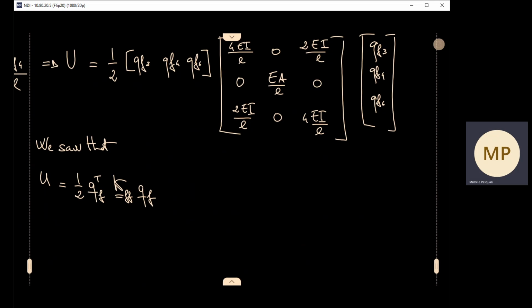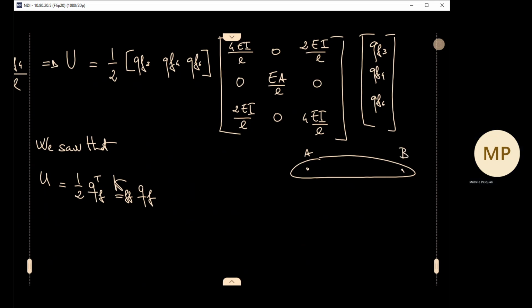So when you are going to extract your U, the one associated to QF4 is associated to this term of the stiffness. But what is it, QF4? Do you remember? So if this is your A and B, QF4, if I don't remember wrongly, is this one.